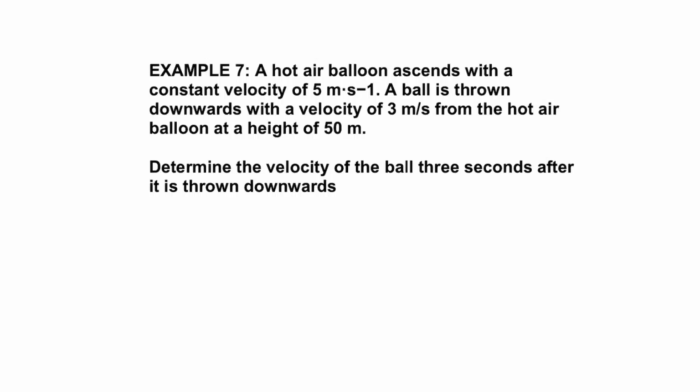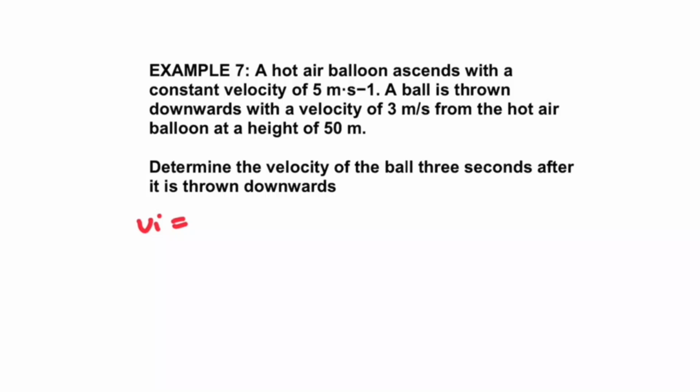Let's concentrate on the initial velocity of the ball before we worry about everything else. So the initial velocity of the ball will be that of the balloon plus that at which it is projected. But we need to pay close attention to the direction. The balloon is going up.